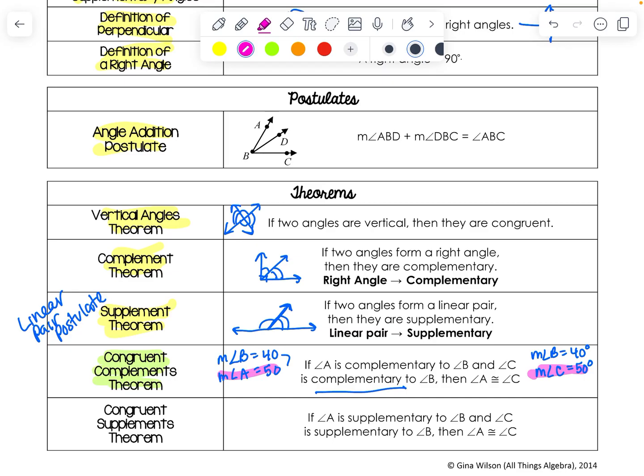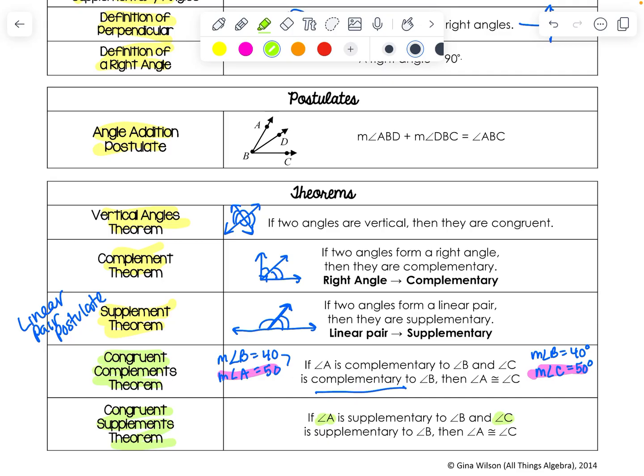Same thing with supplementary, congruent supplements. If A is supplementary to B and C is supplementary to B, it's like that transitive property, but now A is equal to C because B's value is going to stay the same. To be supplementary, you have to add up to be 180, so A and C have to be the same.